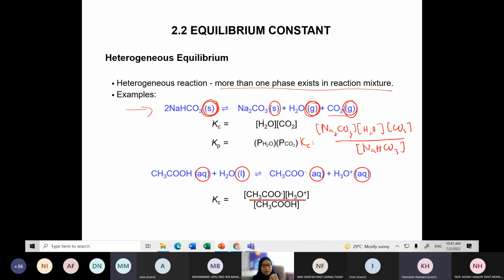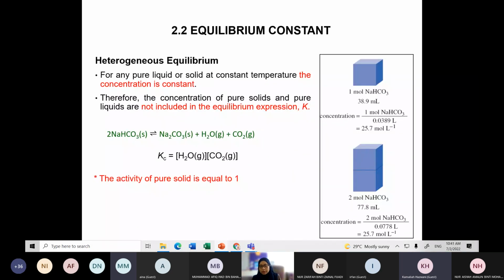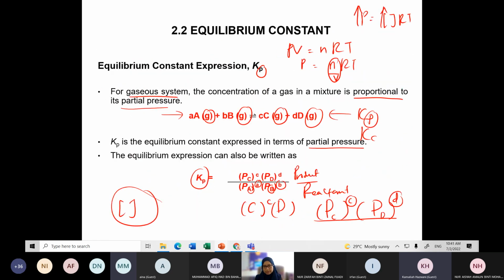Constant does not mean zero. We can assume that it is equal to 1. So throughout the reaction it will be constant. This is to represent the constant. Either the value is given to us, or we can assume that it is just equal to 1.